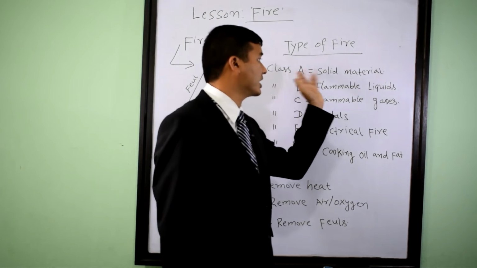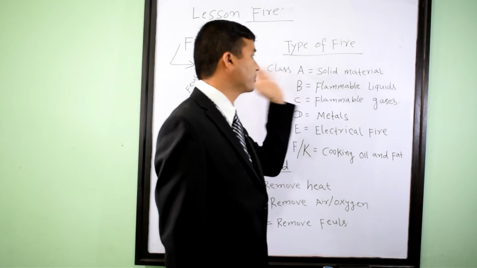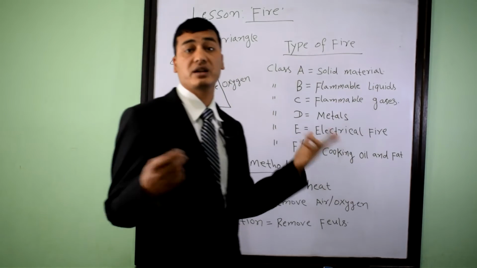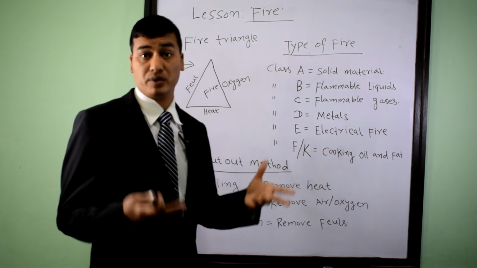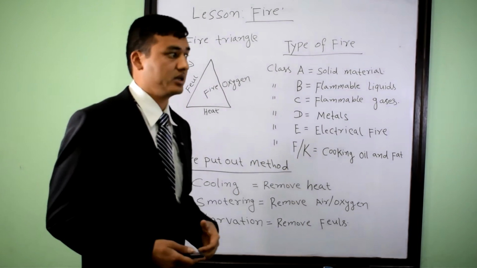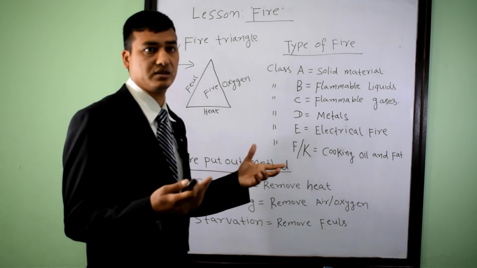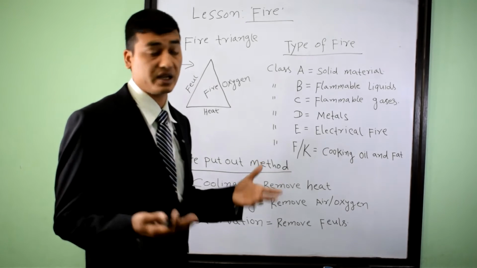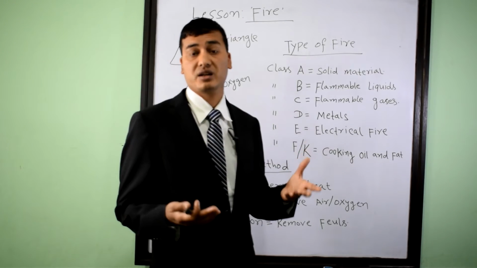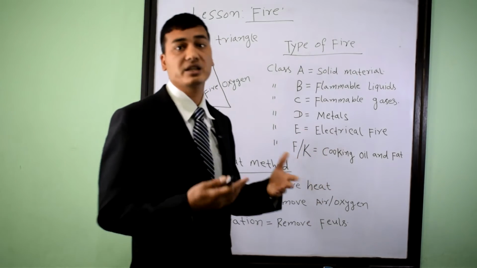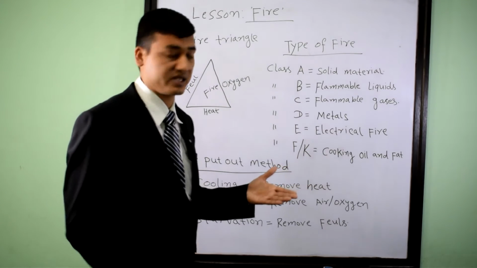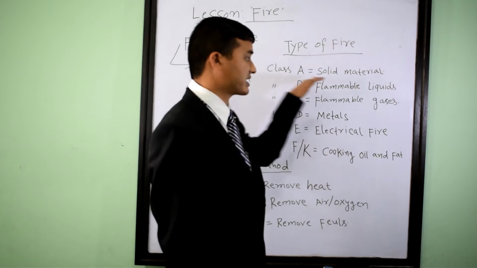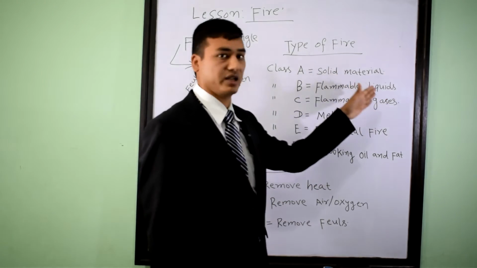Number 1, class A fire. Solid material, such as paper, wood, clothes, plastic. They are solid materials. They burn into a fire and into a gas. It is class A fire, solid material.